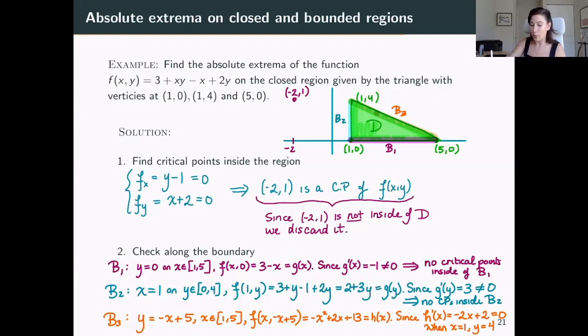So this is going to be a critical point inside of D. But notice that 1, 4 is actually one of our endpoints, and so we've actually already accounted for it, and we'll see that on the next slide.